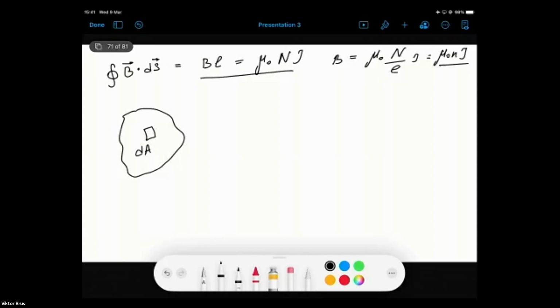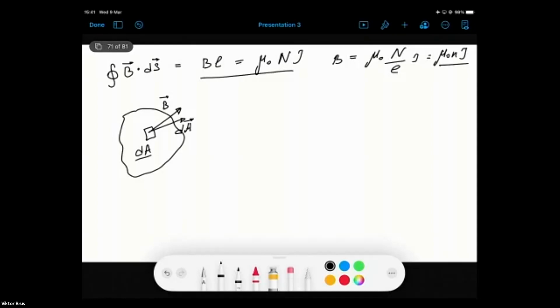Then let's assume here we have magnetic field vector B, and this will be vector dA. As you remember, this dA vector is defined in its orientation by the normal to the surface, and its magnitude is equal to the area of this surface element.